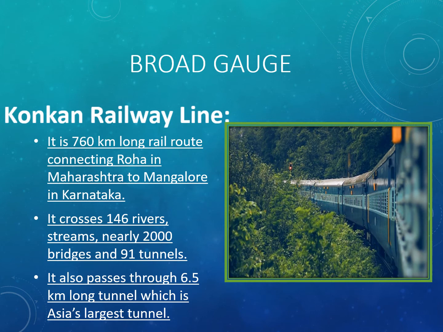It crosses 146 rivers, streams, nearly 2000 bridges and 91 tunnels. It also passes through a 6.5 km long tunnel, which is Asia's largest tunnel. The states of Maharashtra, Karnataka and Goa are partners in this project.